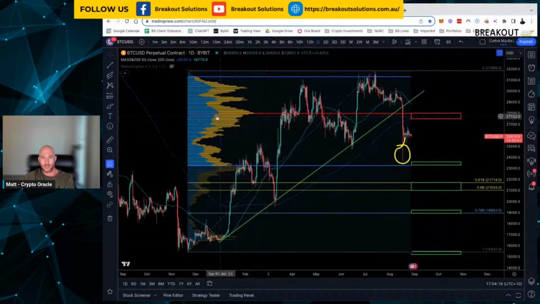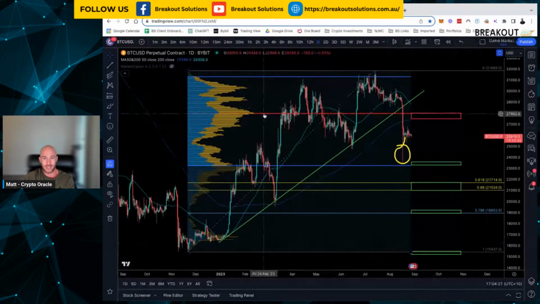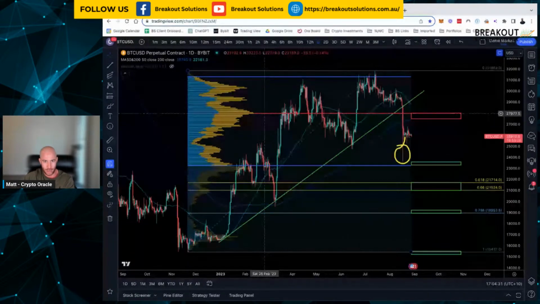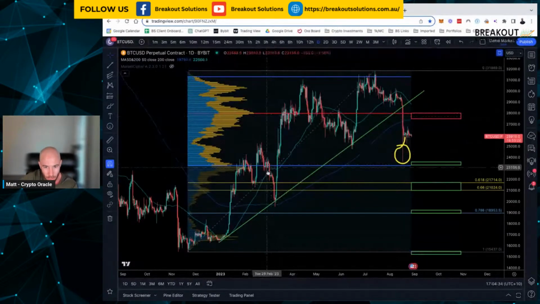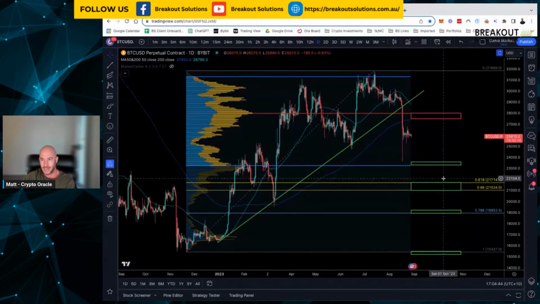We have the point of control of the entire upward moving price action from the middle of November until now. We can see that the point of control, which means the most Bitcoin was traded at $28,000, buying and selling orders. The next highest volume is down here at around $23,000. So I do have a little green box here for a potential buying opportunity or longing for anyone that does any leverage trading.